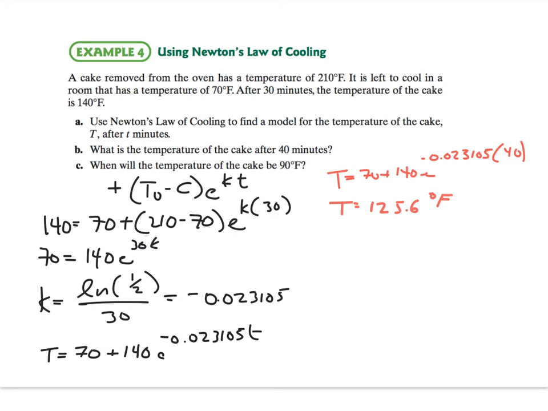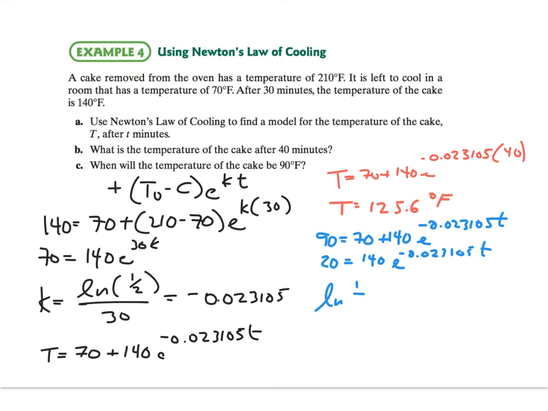Part C says, when's the temperature of the cake going to be 90? So again, our capital T becomes 90 here, is equal to 70 plus 140 e to the negative 0.023105 t. So when I subtract the 70 over, I get 20 equals 140 e to the negative 0.023105 t. So 20 divided by 140 is 1/7, and that's going to be an ln.